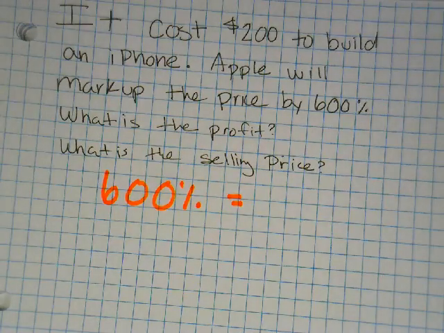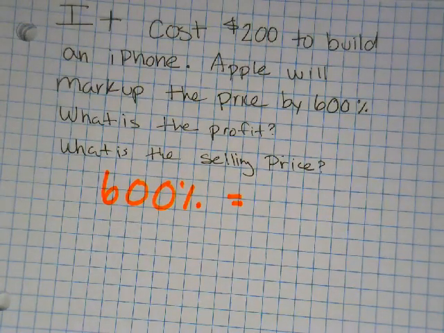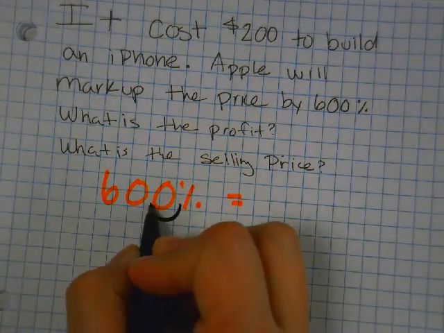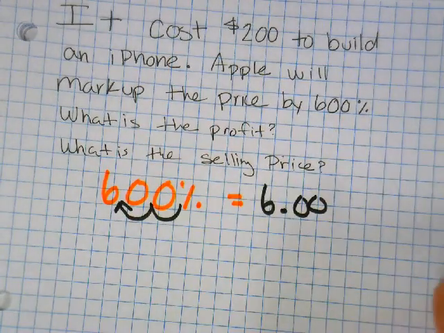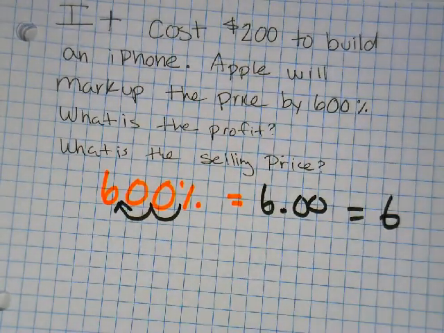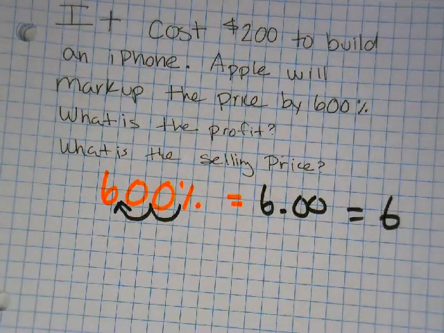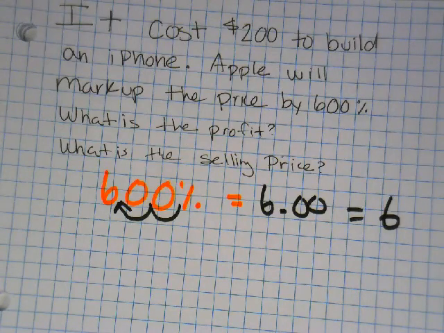What is 600% as a decimal? 6. Because you move it twice, kind of like the do now, and it would be 6.00 or just 6. When we do markup, it's a very big percent because what do stores want?